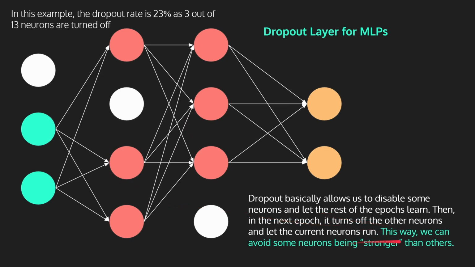This way we can prevent some neurons from being stronger than others. We can deactivate this one, for example, and then next time we can deactivate this one. The hyperparameter for a dropout layer is the dropout rate. In our case, the dropout rate is 23% since we're turning off 23% of the neurons in our MLP, right? So this is the most popular method to reduce overfitting.